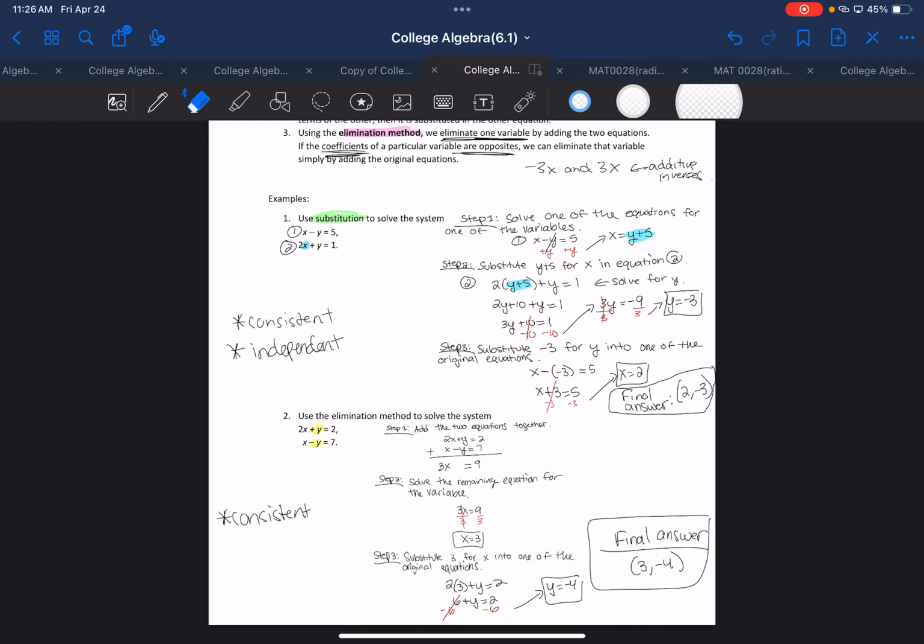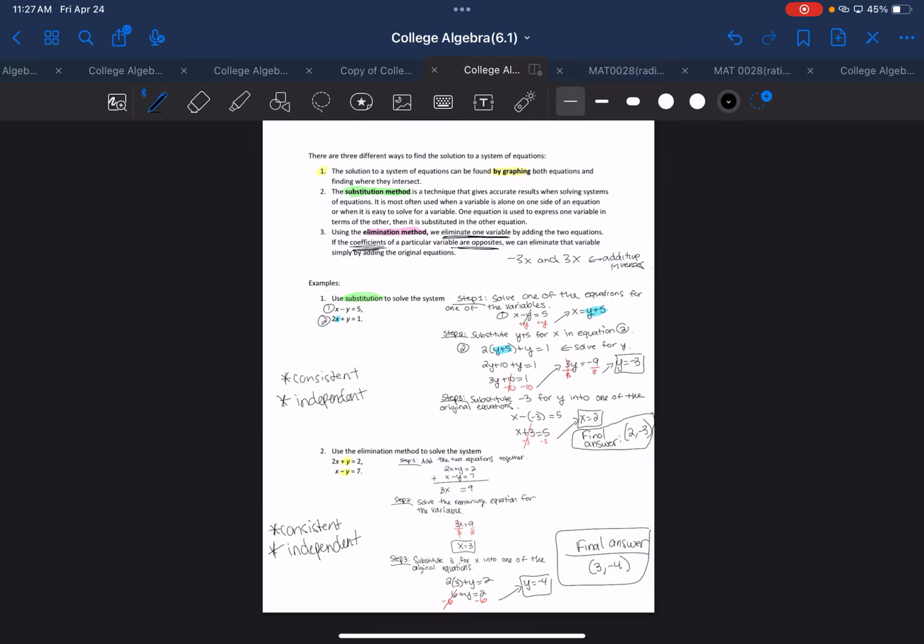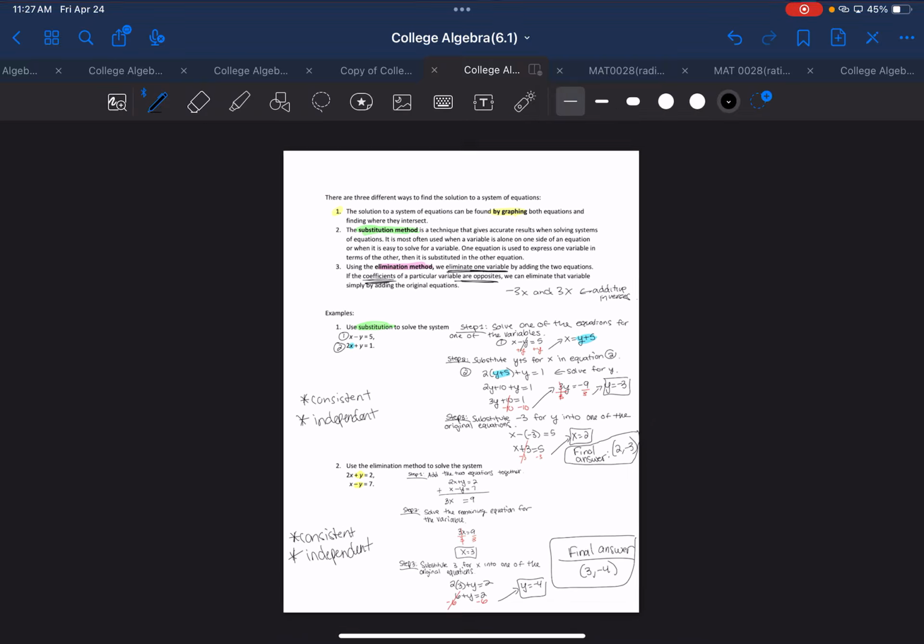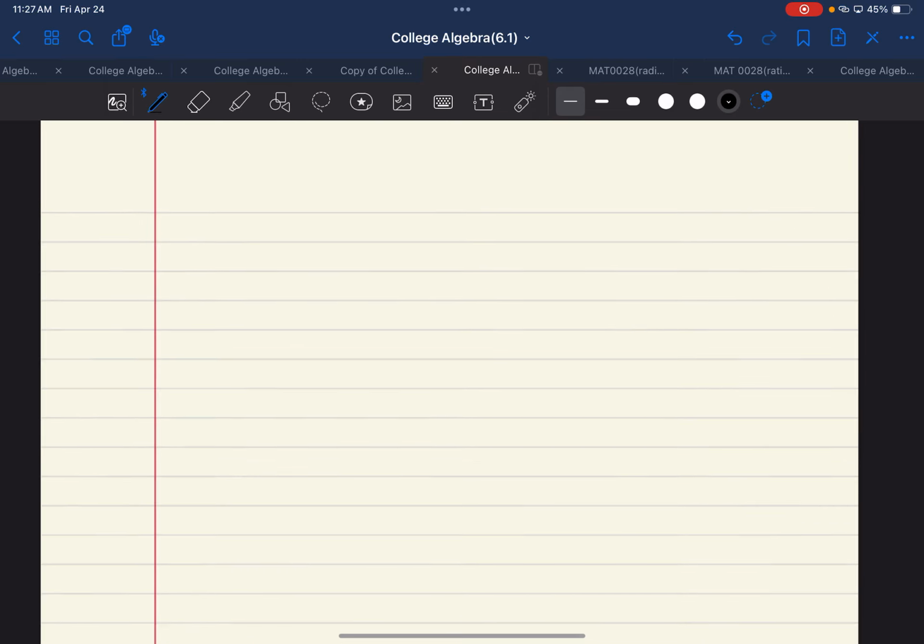So they're 2 separate lines. Yeah, that's all I wanted to say about that.